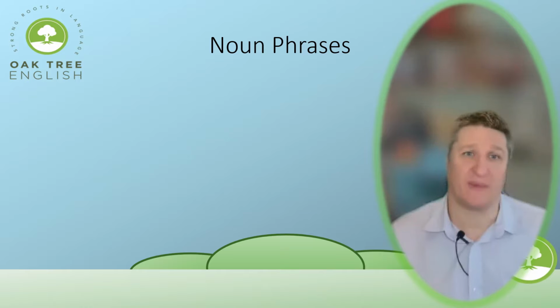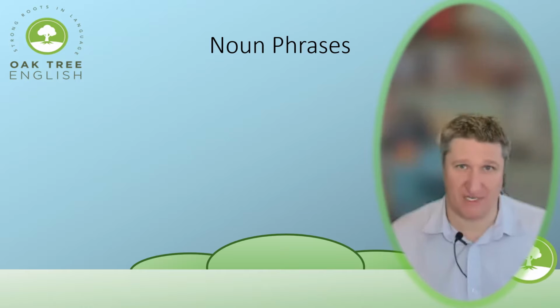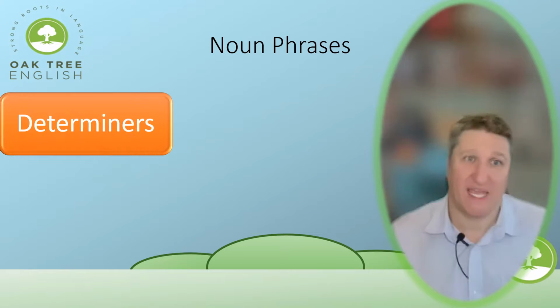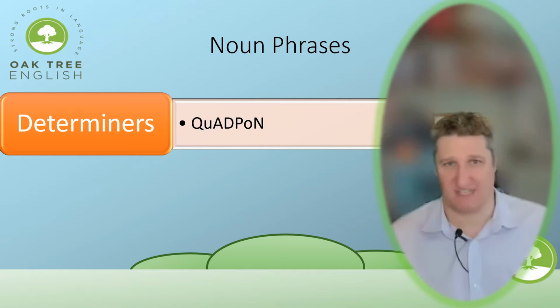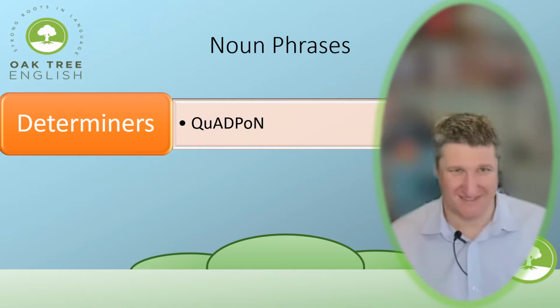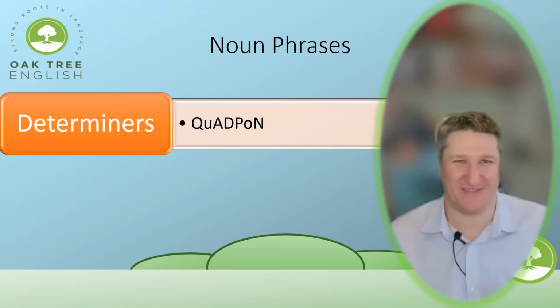You should also know about the word order of determiners. If you have multiple determiners, there is a definite order you should use them. I've suggested the acronym QUADPON to help you remember, but that might be less useful than reading a lot of books. Just read a lot of books and it will come clear to you.